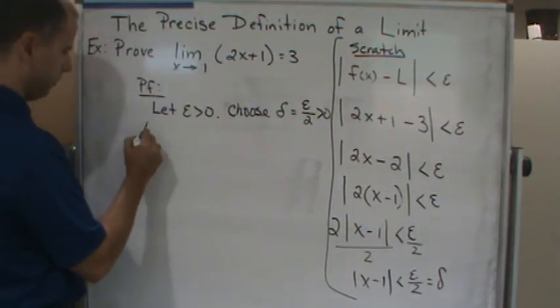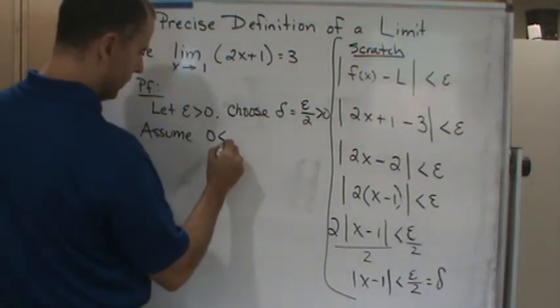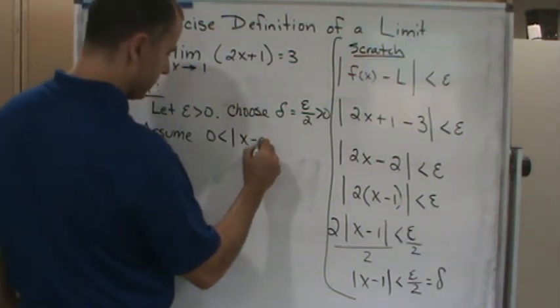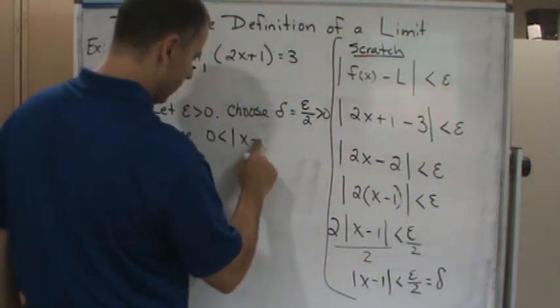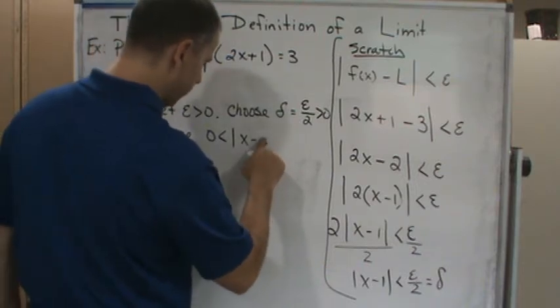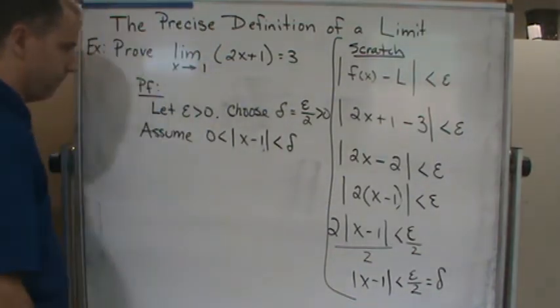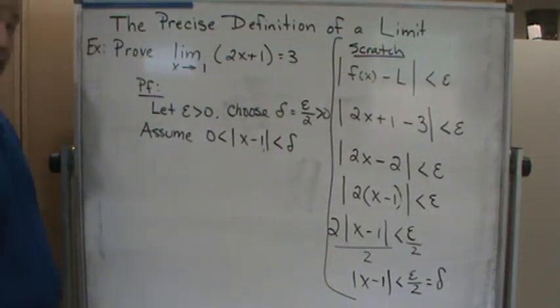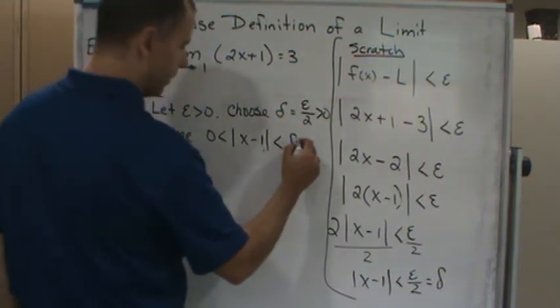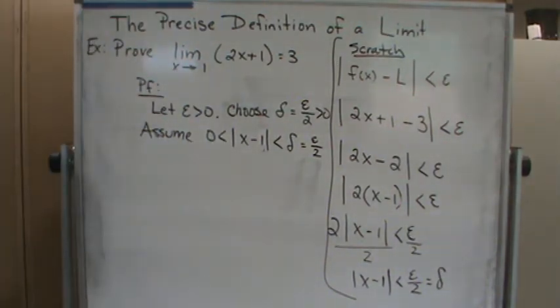So we're going to assume 0 is less than the absolute value of x minus a, or excuse me, in this case, x minus 1 is less than delta, which is equal to epsilon over 2.